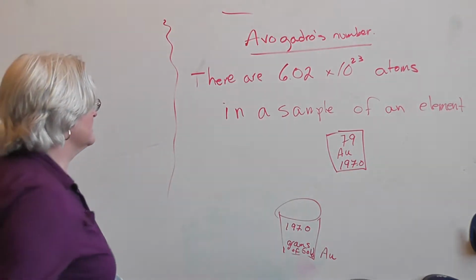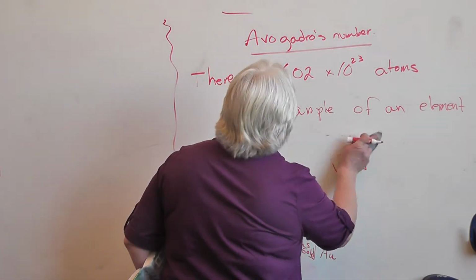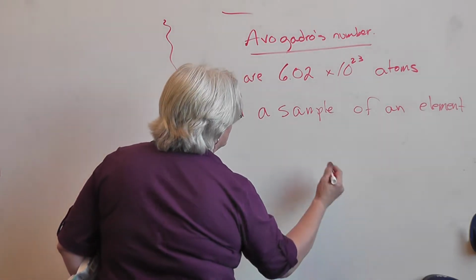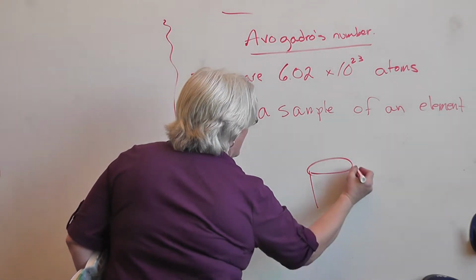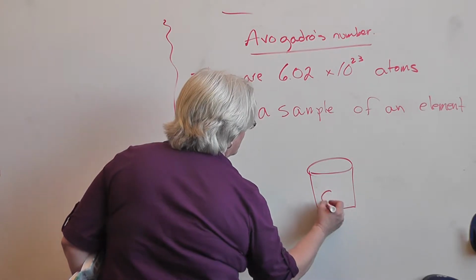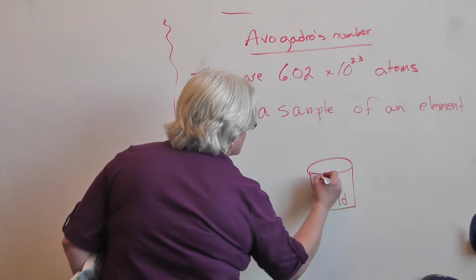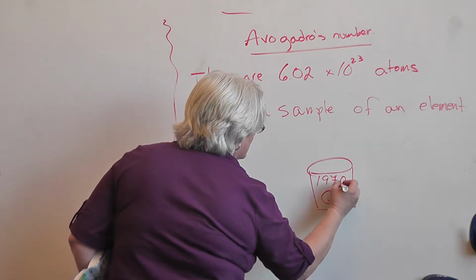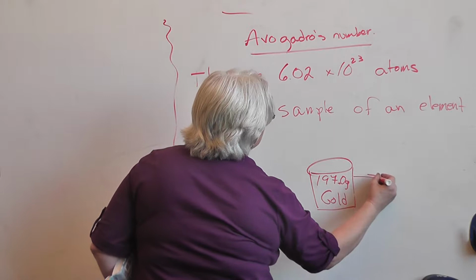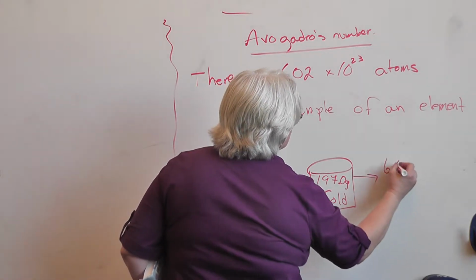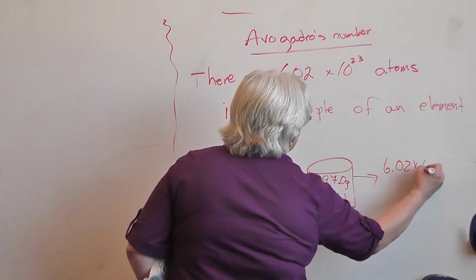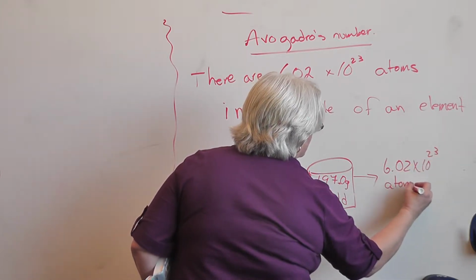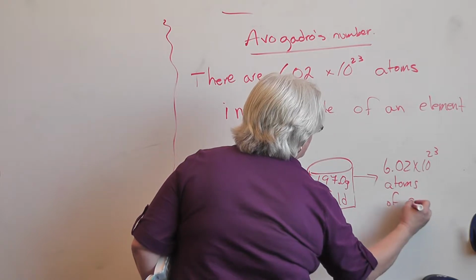Yes, we see this. There are 6.02 times 10 to the 23rd atoms in this container of gold that has a mass of 197.0 grams. This contains 6.02 times 10 to the 23rd atoms of gold.